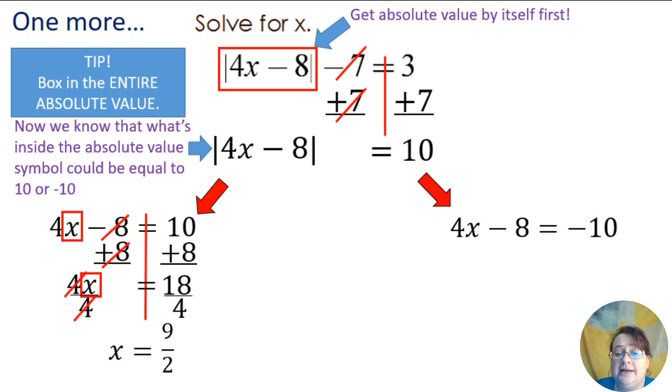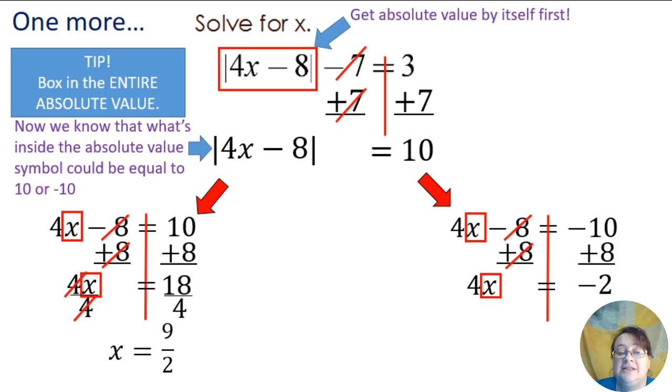Let's look at the one on the right. Box in x. Draw my line down. I'm still doing exactly the same steps. You notice the only thing that's changing out of all the stuff that we're doing is this number right here. So my right side's going to look different, but my left side's going to look the same. So here, minus 8, I need to do plus 8, both sides. 8's cancel. Now, on the right, negative 10 plus 8 is negative 2.